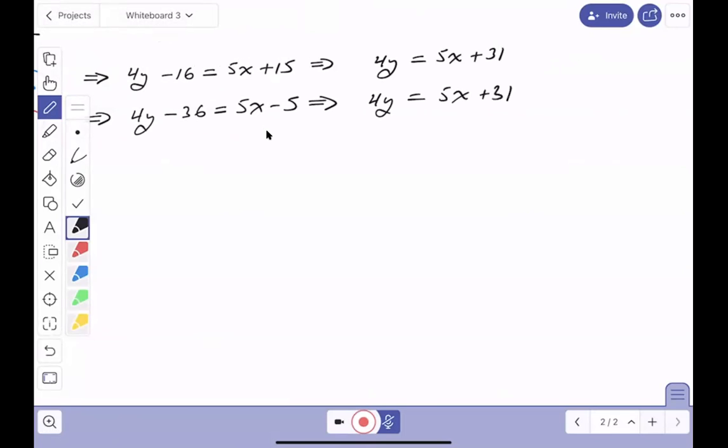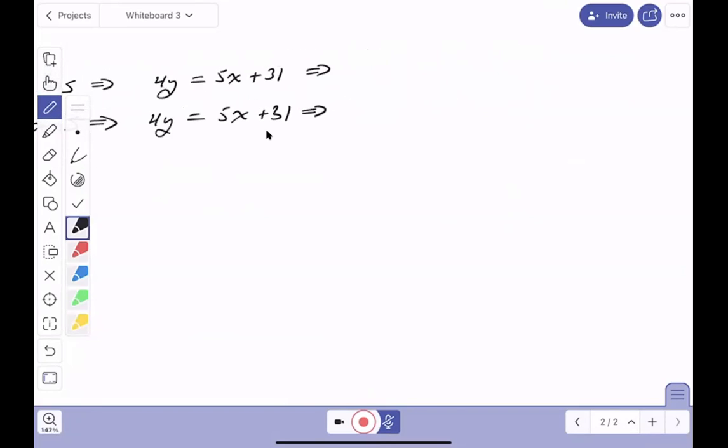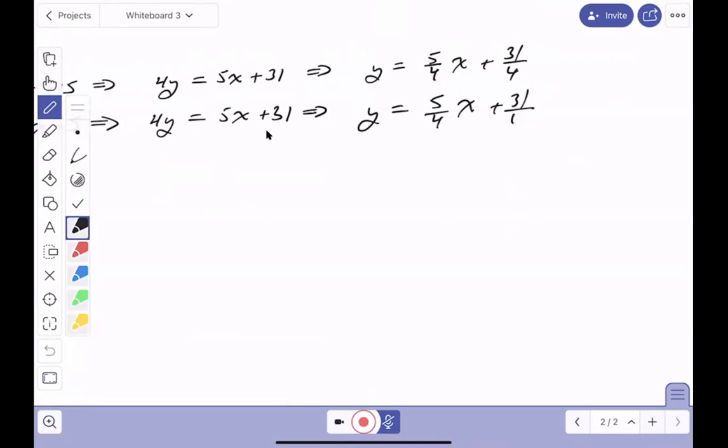It's still 31. Let me keep moving. I'm going to divide by 4. And what do you get? Well, you get y equals 5/4 of an x plus 31/4.